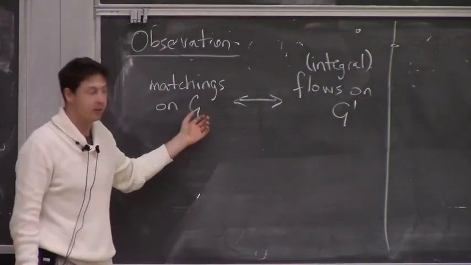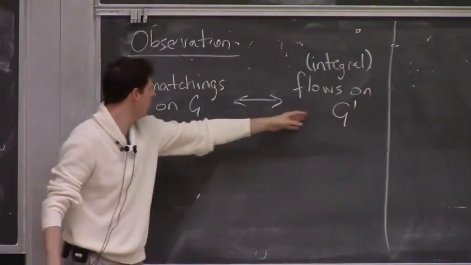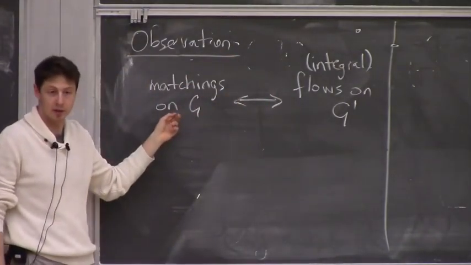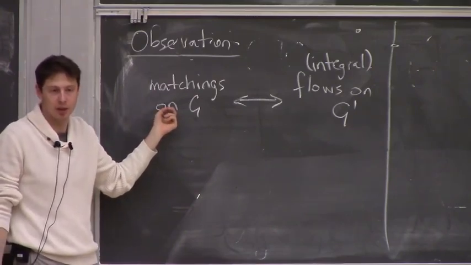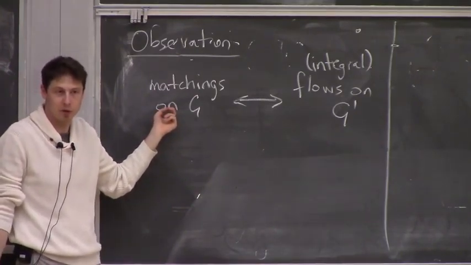Do you agree with this? Right, now we just said that if you give me a valid flow, I'll take a matching out of it, right? But clearly if you give me a matching, I can also pass a flow, right? Which flow should I pick?